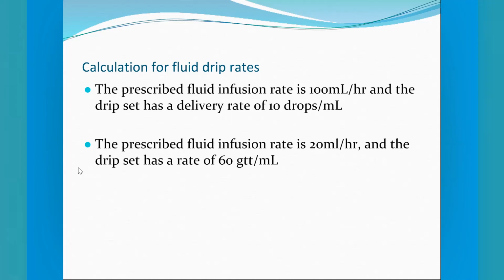So 100 times our 10 divided by 3,600. And so our answer then, we got 0.2777778 or whatever, right? So that would be drops per second.